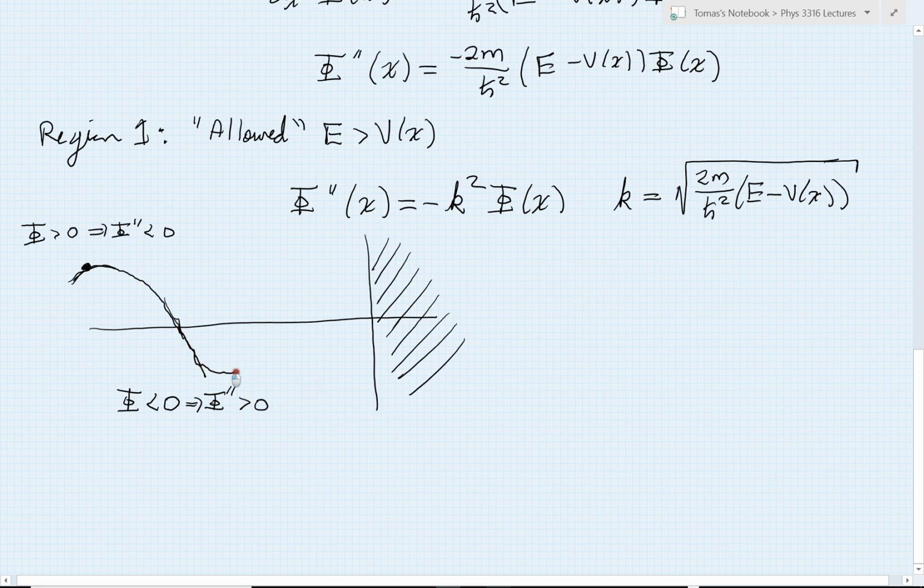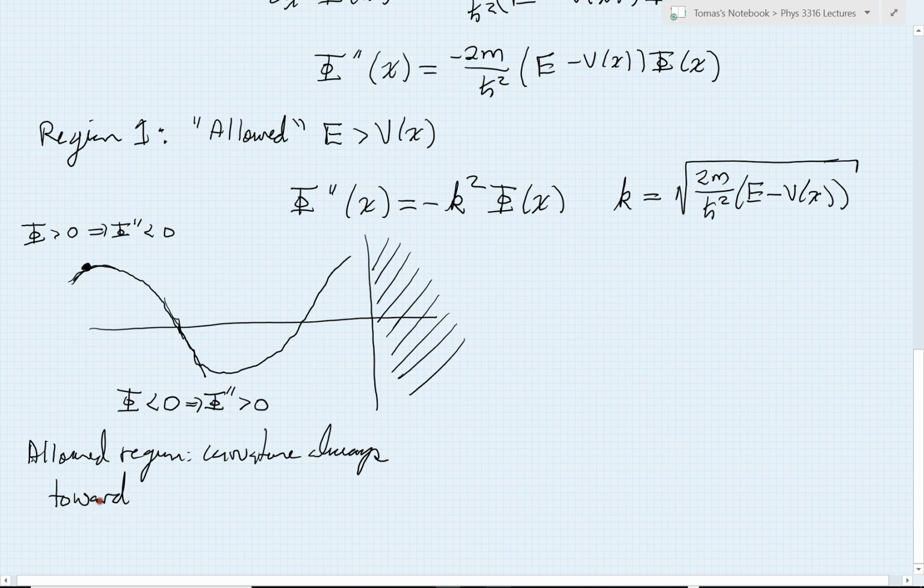I'm always curving actually towards my axis. So that's a key lesson here that's quite general. In an allowed region, those are characterized by curvature always toward the x-axis. So that's a general lesson.